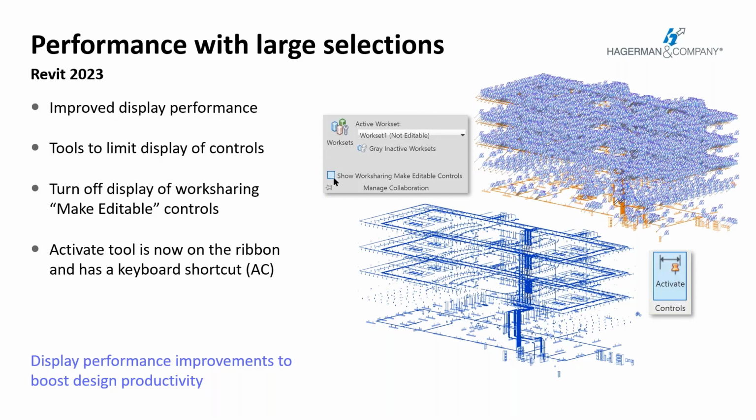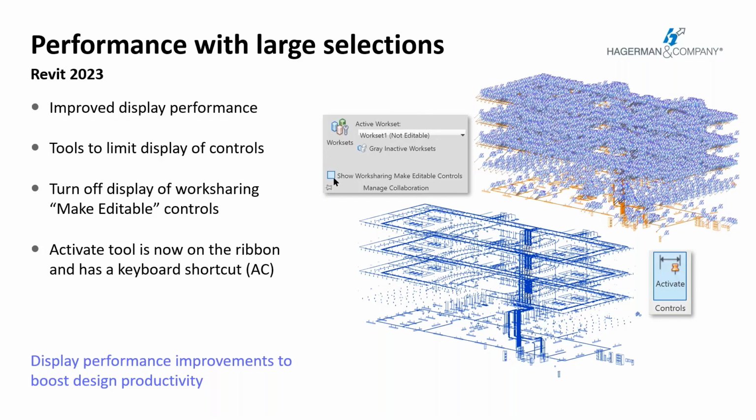So now, with many elements selected, the display is improved by reducing the in-canvas controls and providing tools to display previous behaviors. That would be the legacy option. This release improves performance considerably with controls on and a more enhanced performance experience with in-canvas controls off.